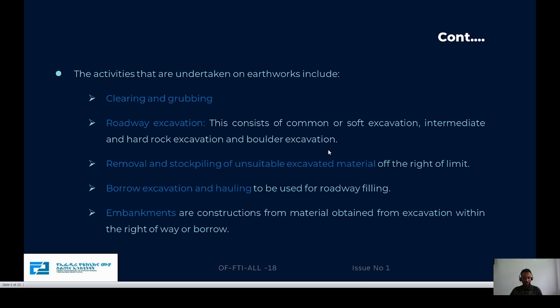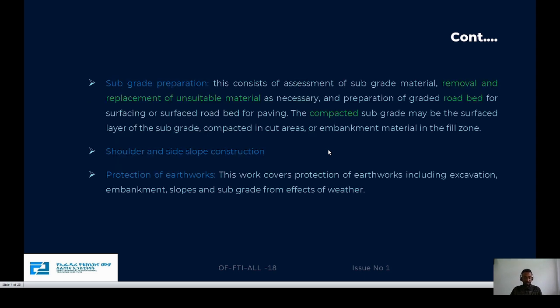Borrow excavations will be used for the roadway filling. Embankments are also constructed from material obtained from excavation within the right of way or coming from borrow pits, for embankments, base courses, subbases, or surfaces.